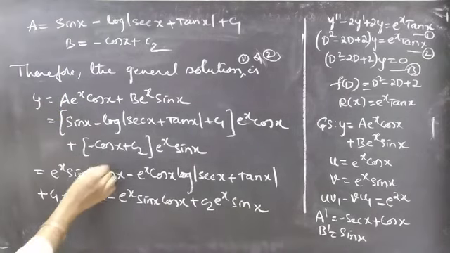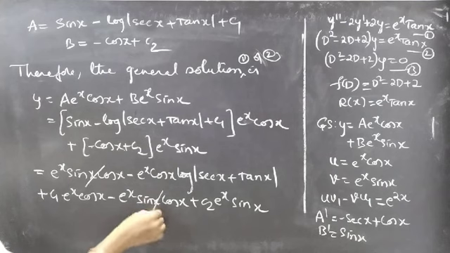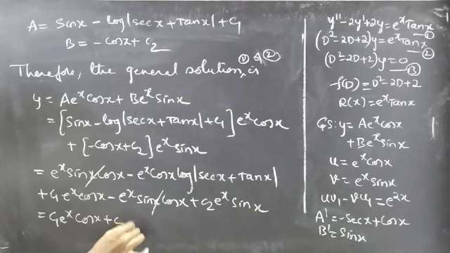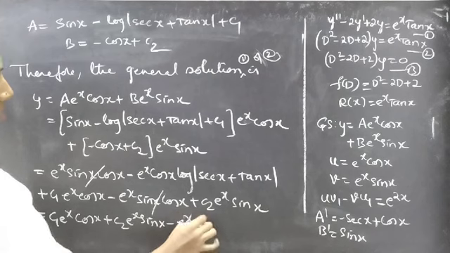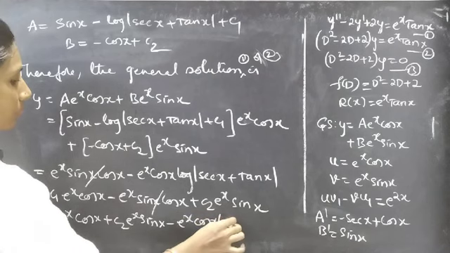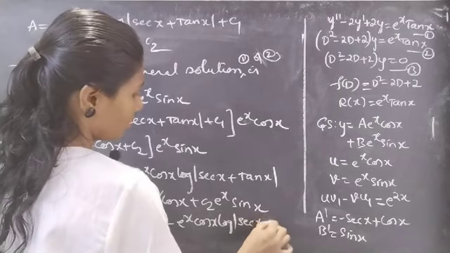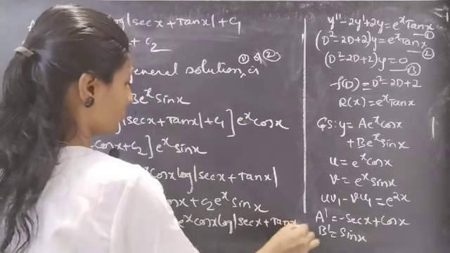So here plus e power x sin x cos x and minus e power x sin x cos x get cancelled, and we'll get c1 e power x cos x plus c2 e power x sin x minus e power x cos x into log mod secant x plus tan x.